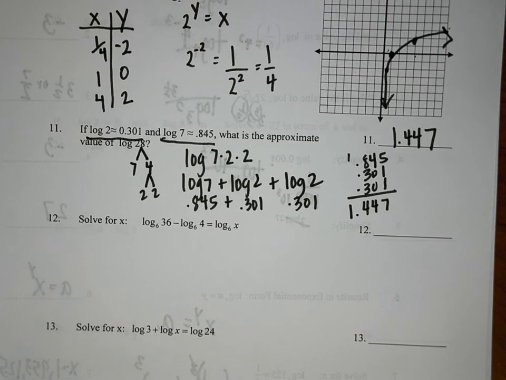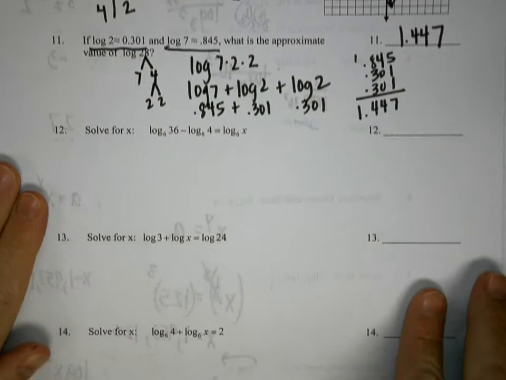Okay. So, number 12 says to solve for x. Remember that if we can make it so that there is a single log on both sides, then we can drop the logs. Okay, so how can I change the left side to be a single log? Put it over division. Good.